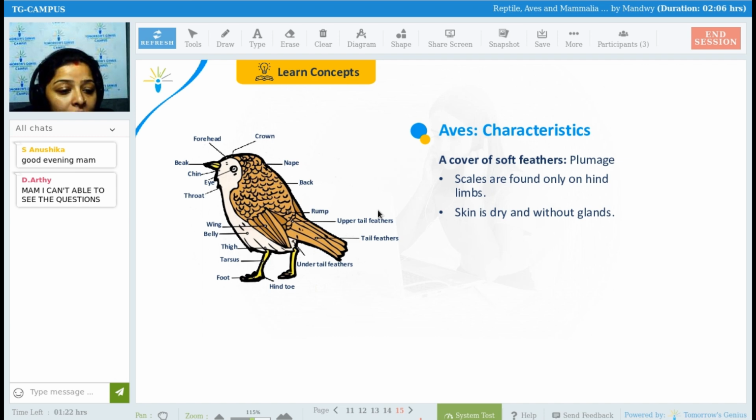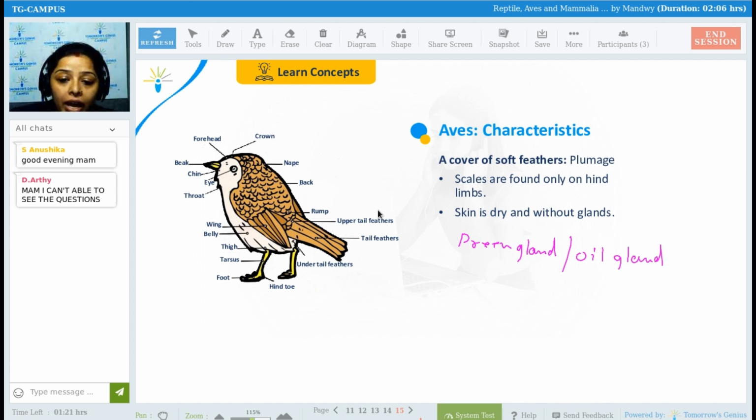Their feathers and skin are dry because of the lack of glands. Only the tail has a gland, which is called the preen gland, or oil gland. Only the tail has an oil gland.